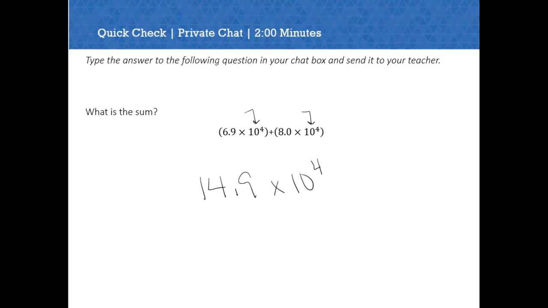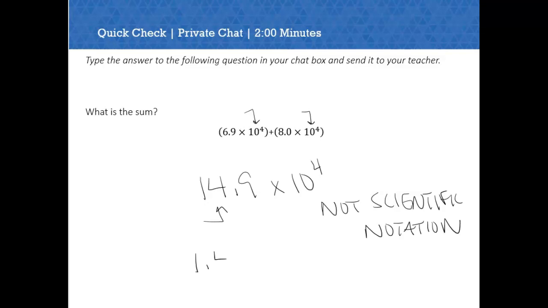Well, when we look at this, this is actually not in scientific notation because we have more than one number in the front. So we need to move this so it's 1.49. We moved it to the left.